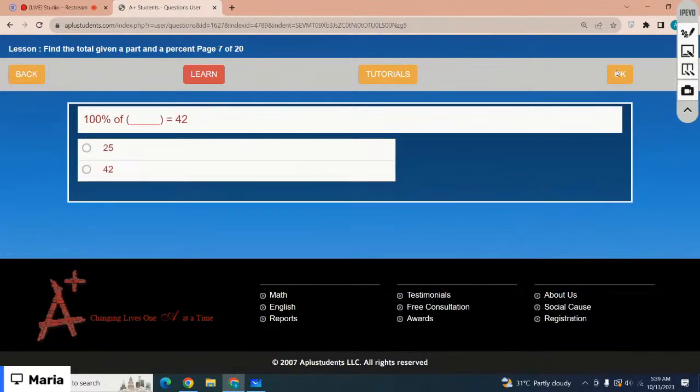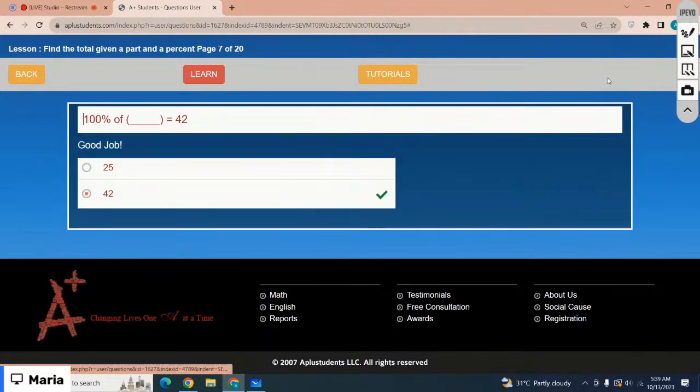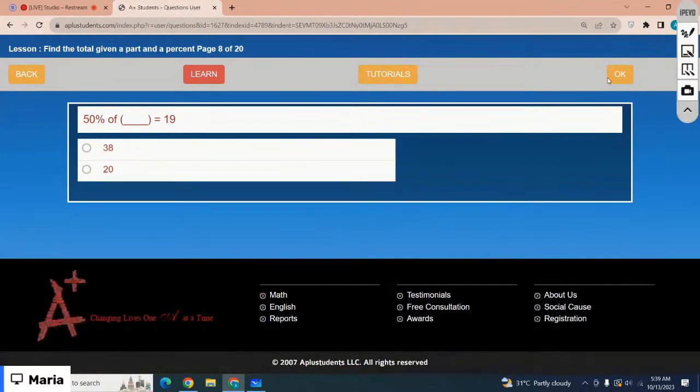100% of dash is 42. Which is the correct option? 100% of 42 is 42, right? 50% of dash is 19.